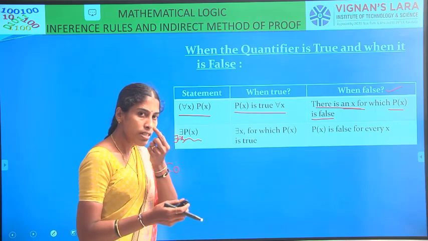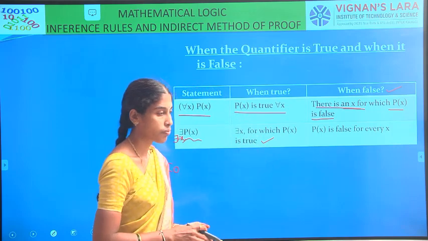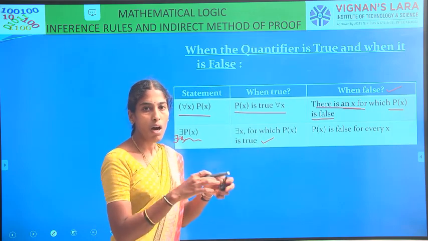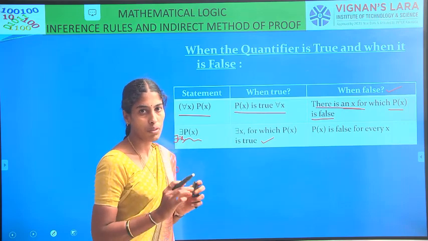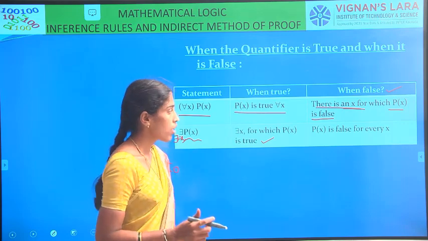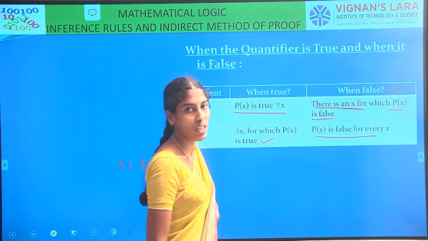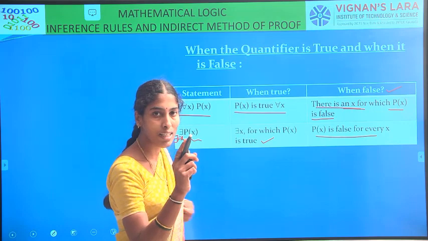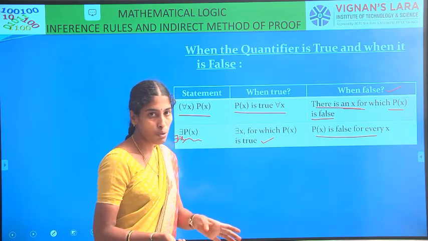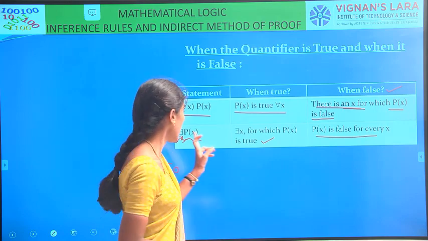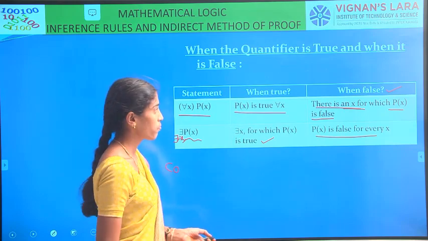If I get at least one apple, now my statement is true. Suppose in this room all fruits are there except apples. So not even one apple is there, except apples. So in this case I am saying that P of X is false for every X. At least one thing is true, then it is true. If nothing is true related to the statement, then the existential quantifier is false.